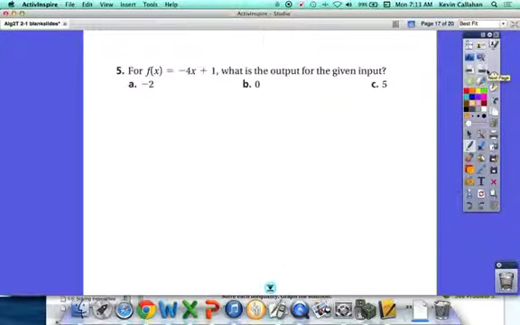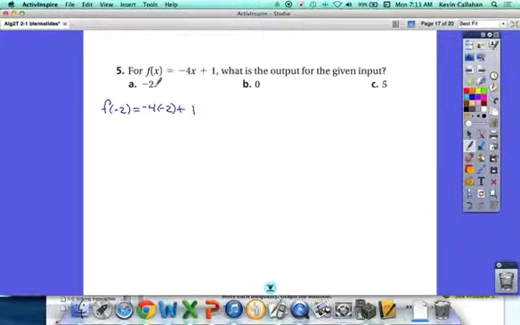Okay, evaluating functions. F of x equals negative 4x plus 1. What is the output for the given input? If the input is negative 2, that means we're finding f of negative 2. And f of negative 2 would be negative 4 times negative 2 plus 1, right?